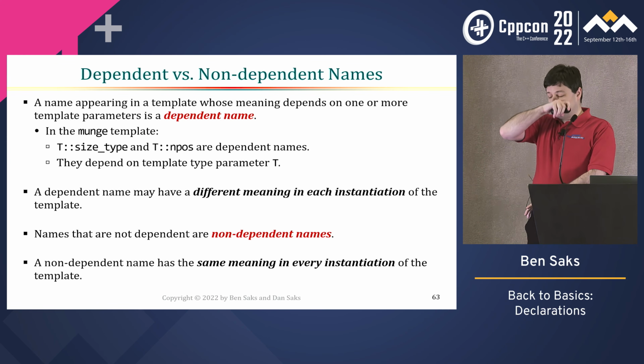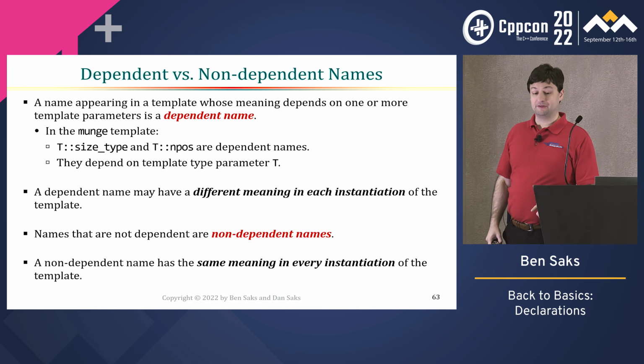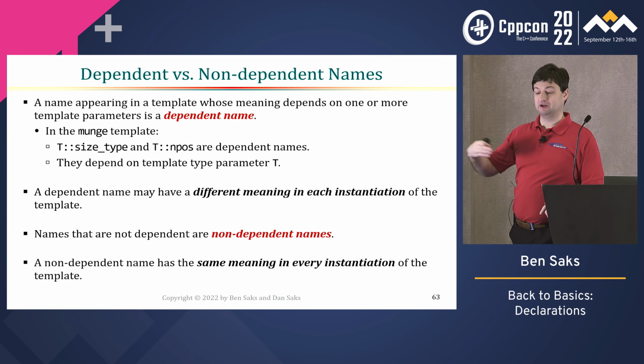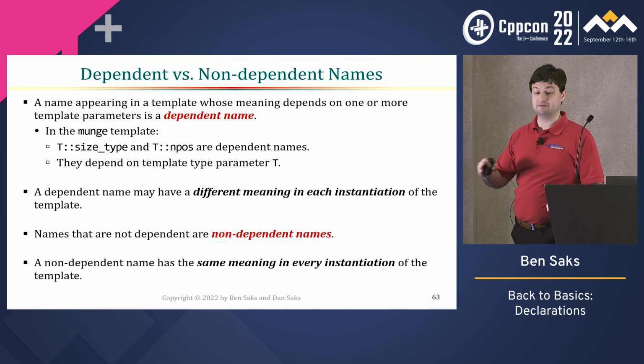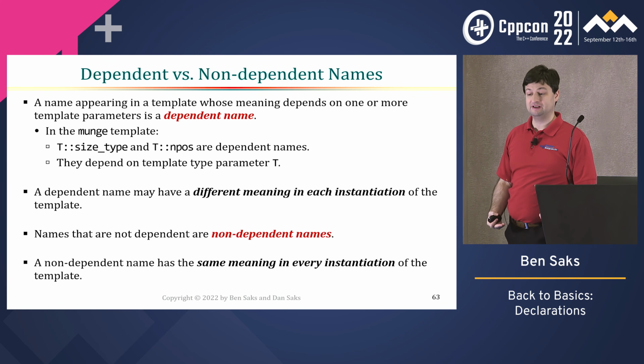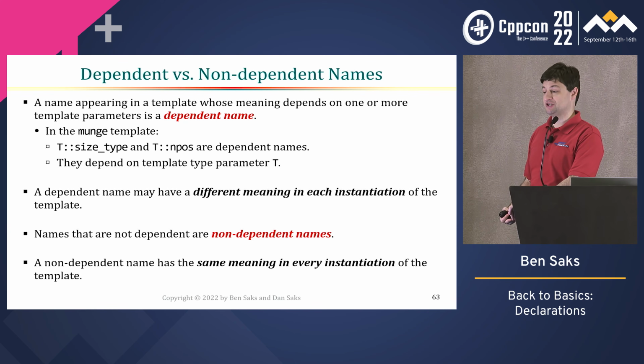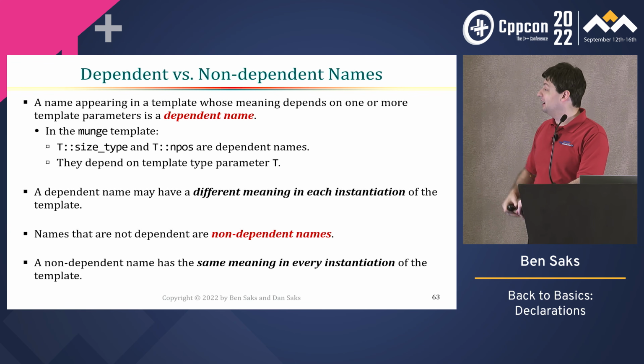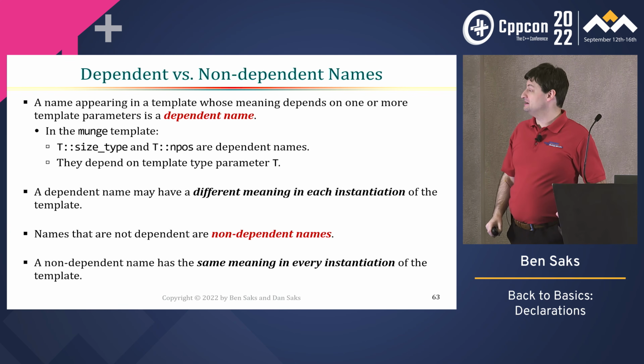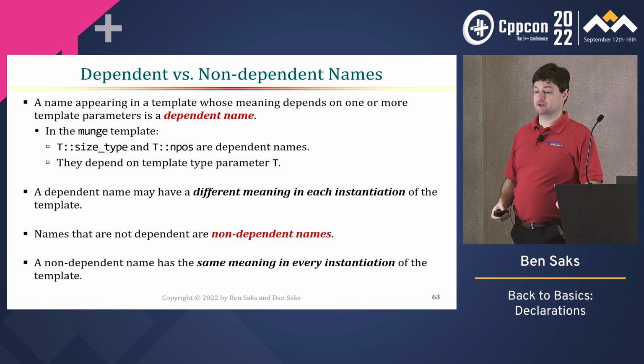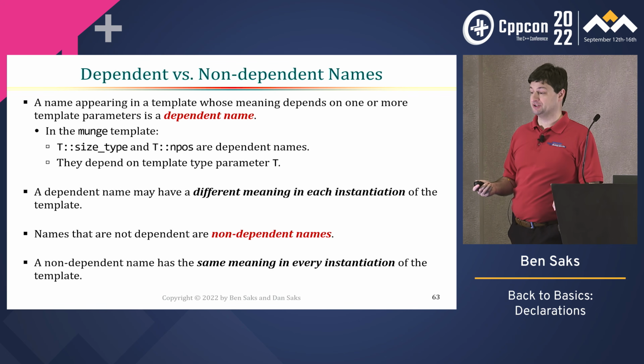Whereas other names in the function template munge are non-dependent names. Those are names that mean the same thing in every instantiation of the function. Whereas dependent names are going to depend on what gets substituted in for t.